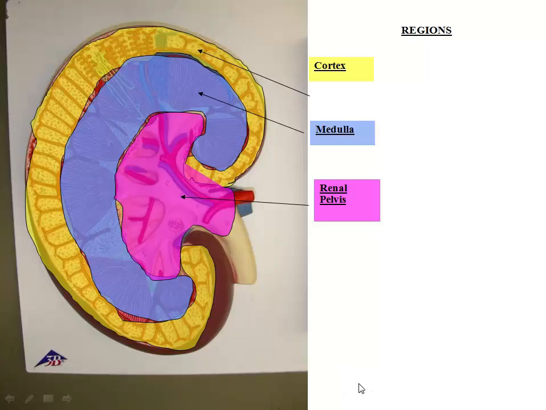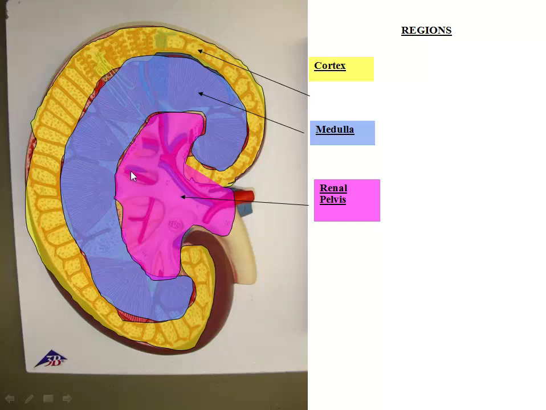Now you must remember exactly whenever we say medulla portion and cortex portion, because this nephron, a single functional unit of kidney, spreads from this renal pelvis up to the cortex. Some part of a nephron lies in the medulla, some part lies in the cortex, and some tubules open into the pelvis.